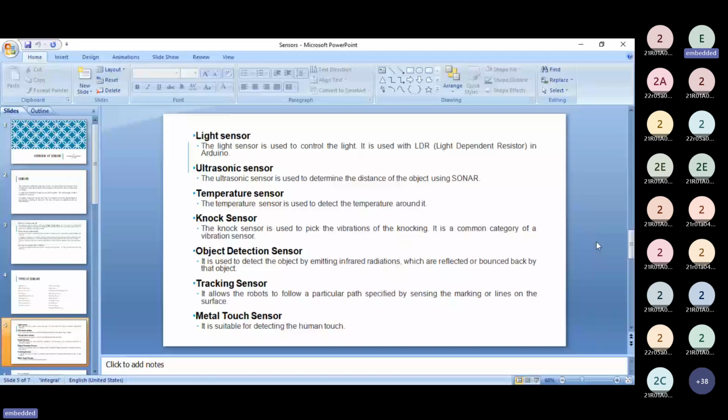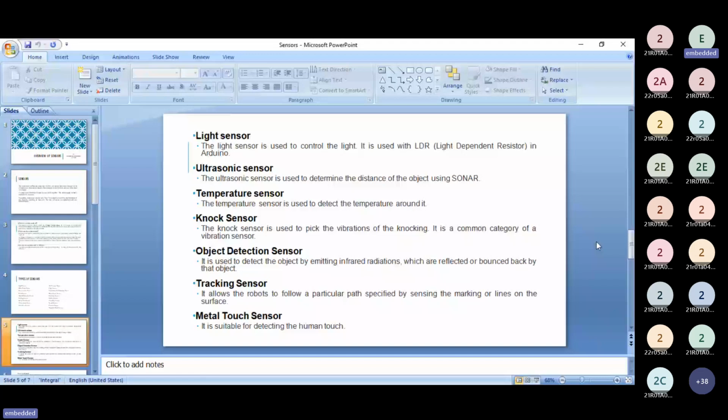It is used with an LDR, which stands for light dependent resistor. Ultrasonic sensor: it is used to determine the distance of an object using sonar. Temperature sensor: it is used to detect the temperature around. Knock sensor: it is used to pick up the vibrations of knocking. It is a common category of vibration sensor.